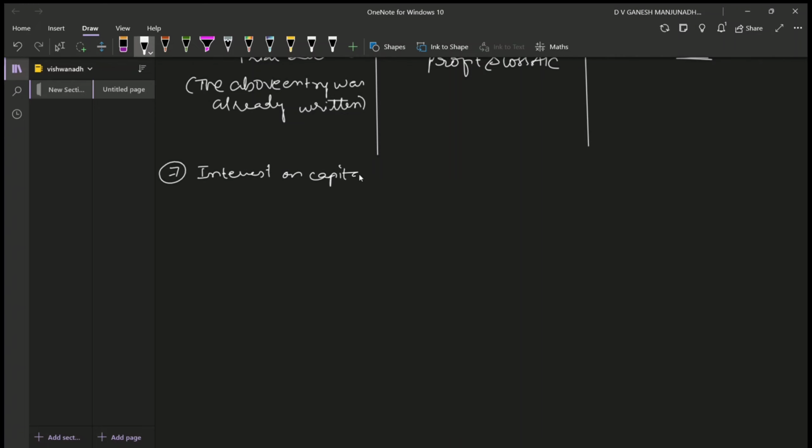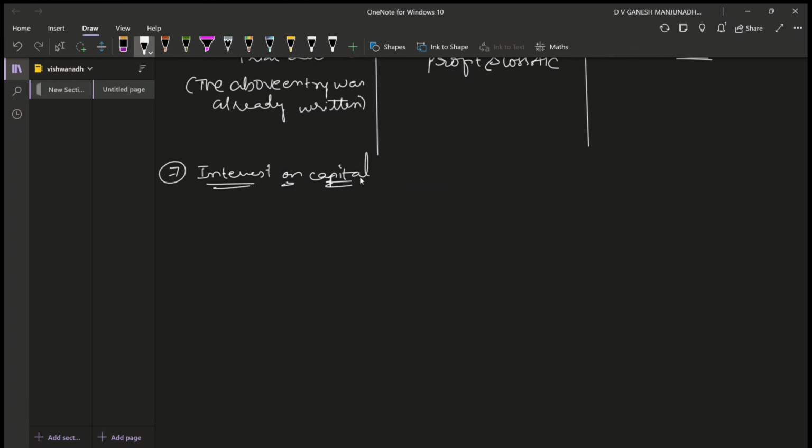Interest on capital, very easy adjustment, simple adjustment. Interest on capital, capital is the amount of money which is brought by the proprietor in the business, which is put by the proprietor in the business.